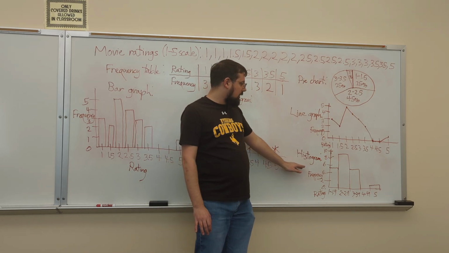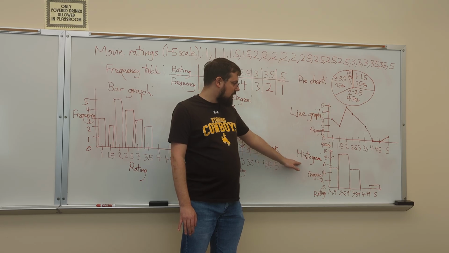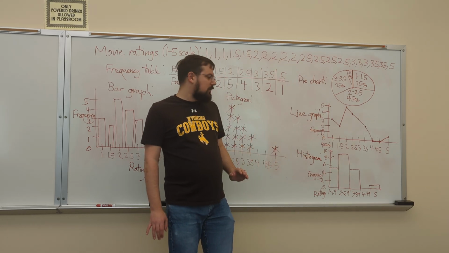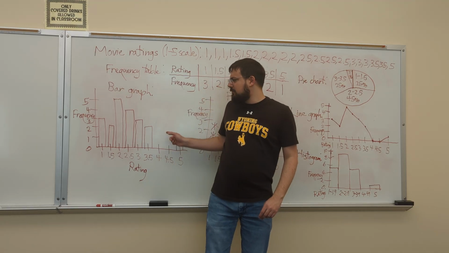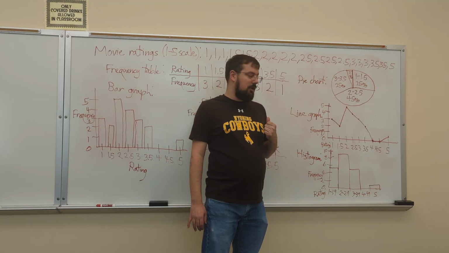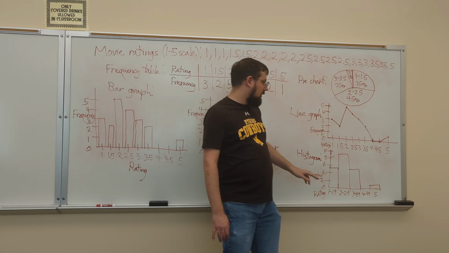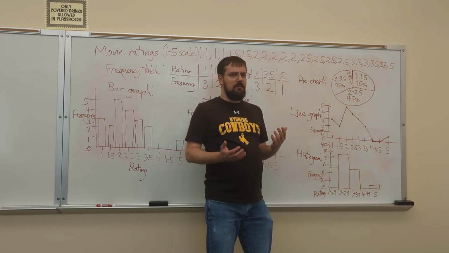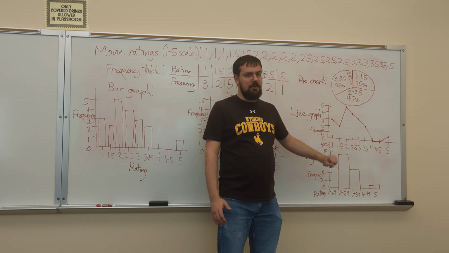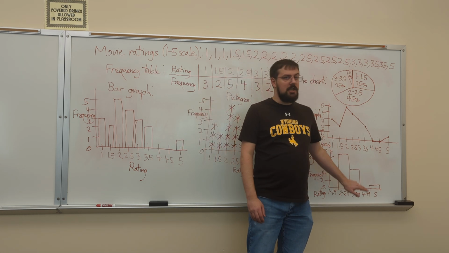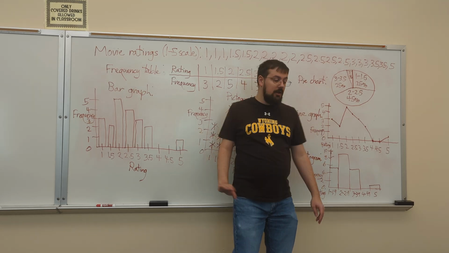The last type that we'll look at is what's called a histogram. So this down here is a histogram for our data set. And a histogram, you'll notice it looks pretty similar to a bar graph. There's a couple key differences that I'd like to draw your attention to. One of them is something you'd notice right away looking at it. The bars in a histogram are drawn touching each other versus in a bar graph they're not.